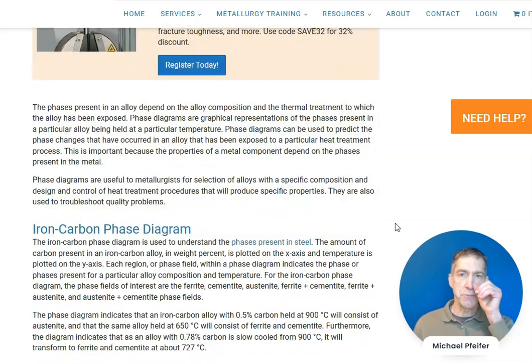The phases that are present in an alloy depend on the alloy's composition and also the thermal treatment to which the metal was exposed. We use phase diagrams to understand this relationship between the alloy composition and the phases present, in order to understand the effects of heat treatment, to predict the heat treatment, as well as to understand what's happened to a metal after heat treatment if there's something wrong with the metal.